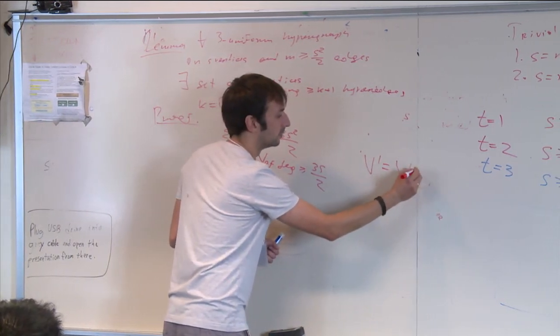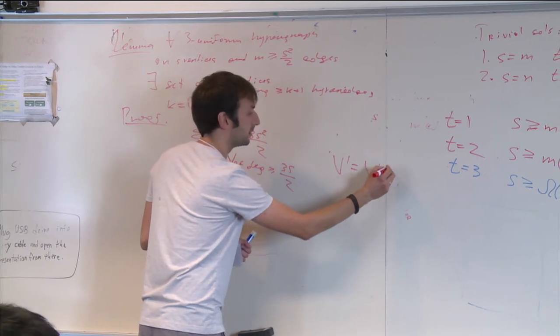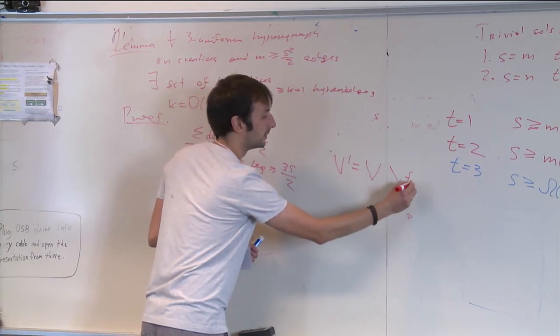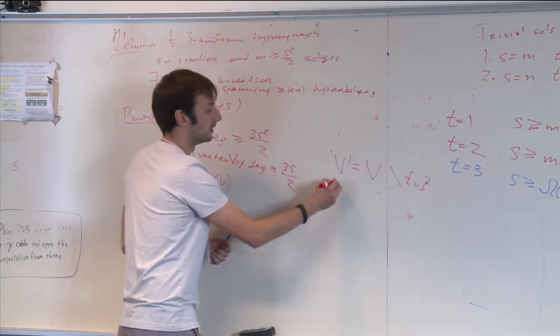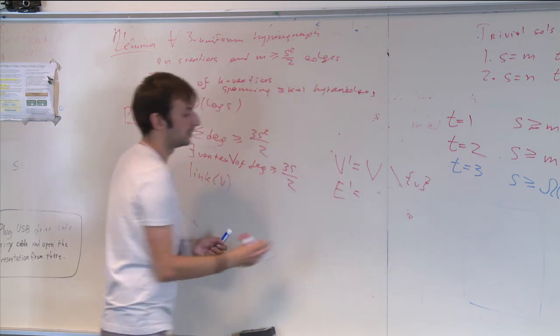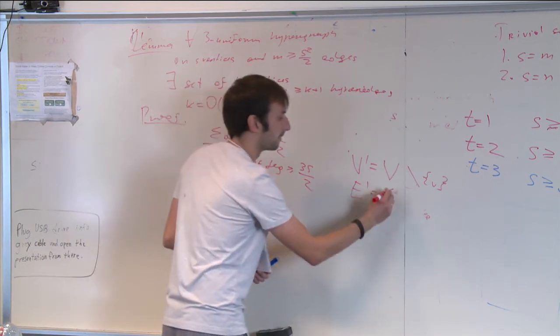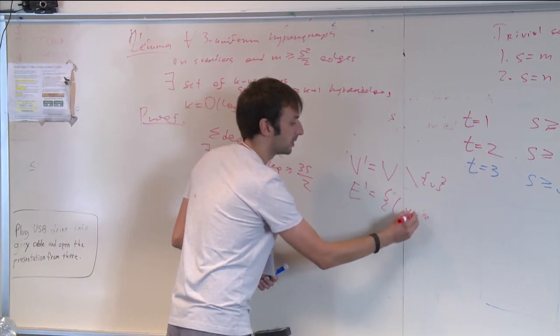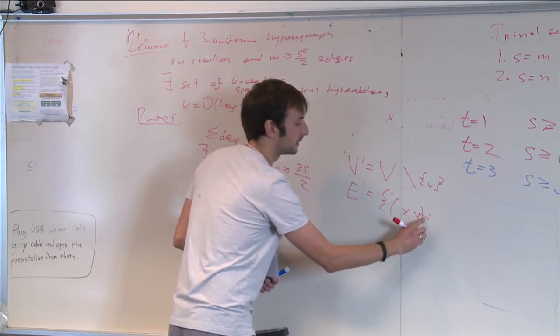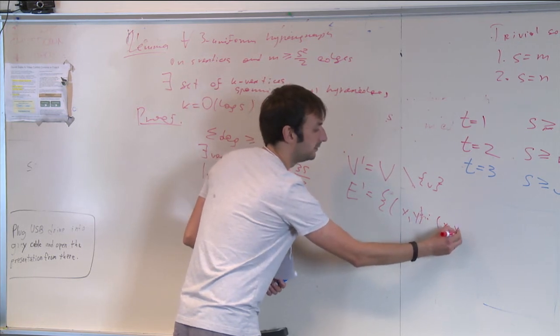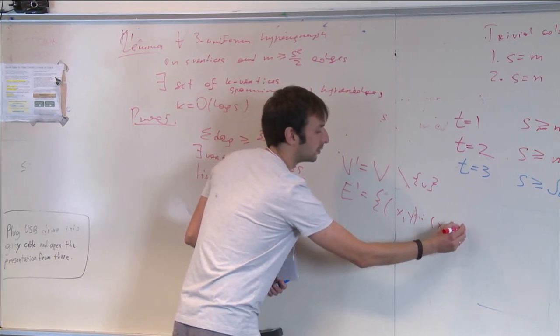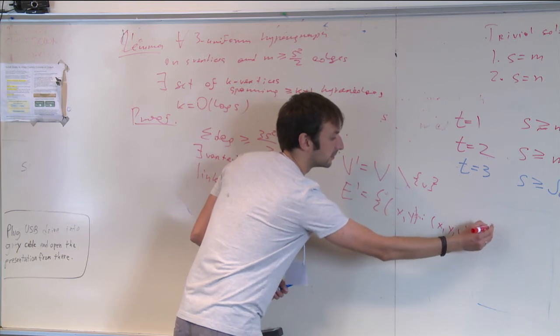I take all vertices except for the linking vertex. And my edges are now 2-uniform edges, like regular edges. I have edge x and y if and only if x, y, and v was an edge in the original graph.